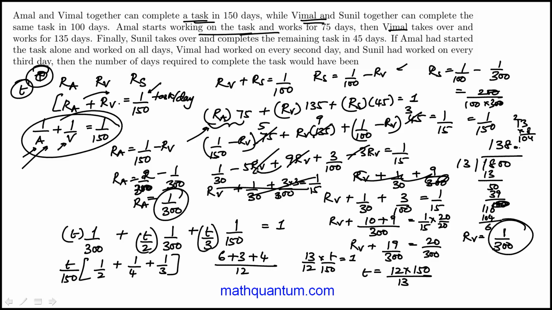So it's going to be 138 point something, actually 138.4. So since we need to answer the question as a whole number of days, it will be 139. You'll need to go a little extra. One of them will have to do that portion of the task on the next day. But the answer would be 139 days.